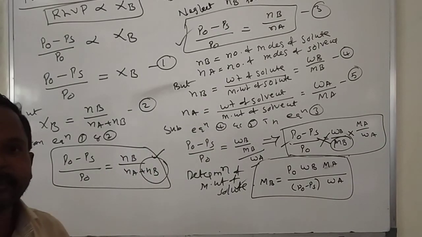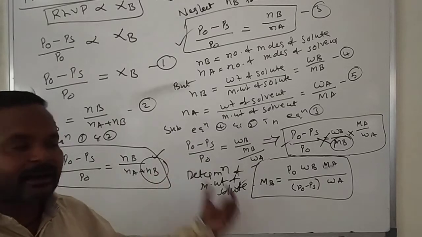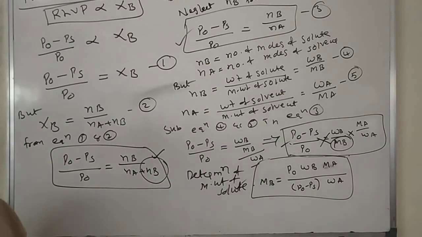First colligative property. And what are the demerits of this Raoult principle? This Raoult principle is applicable only for dilute solutions, not applicable for concentrated solutions. This is one demerit.